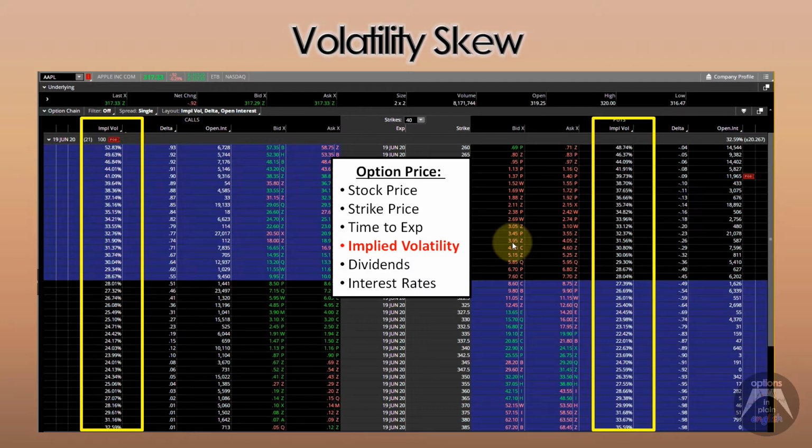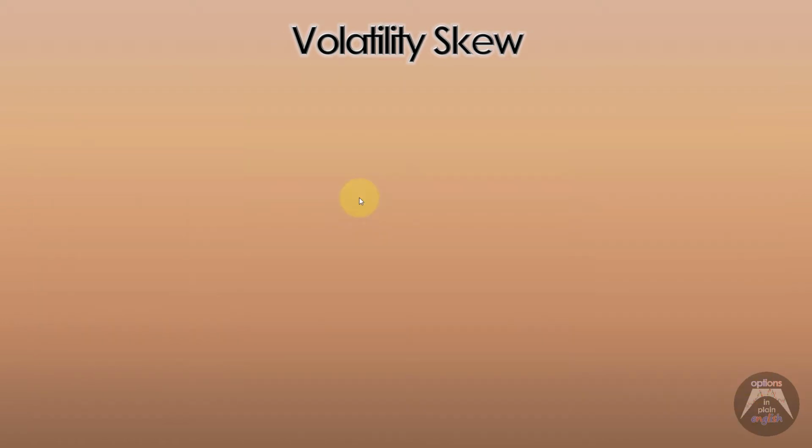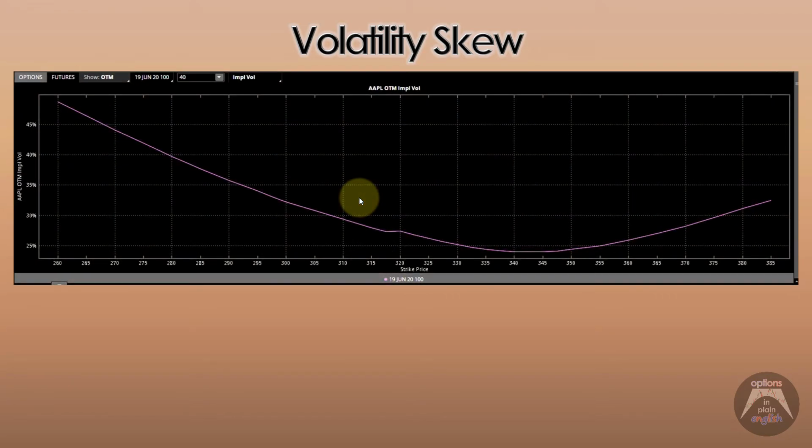Now we're going to take all those implied volatilities and arrange them in a single graph where we have the strike prices on the bottom, on the x-axis, and on the y-axis we have the implied volatilities. In this case, since we have calls and puts, we're going to plot only the out of the money.